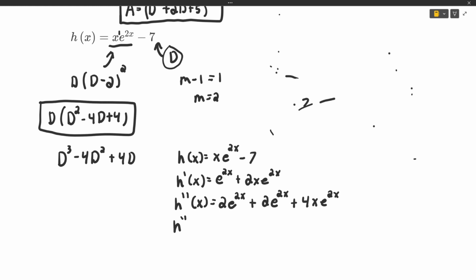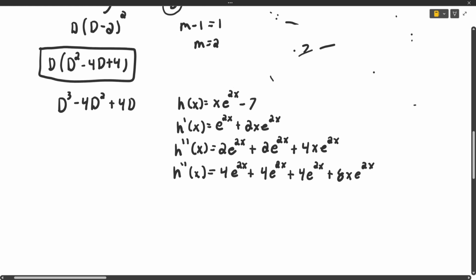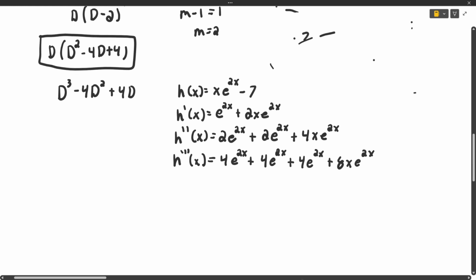And we have h triple prime of x is equal to 4e to the 2x plus 4e to the 2x plus 4e to the 2x plus 8x e to the 2x.